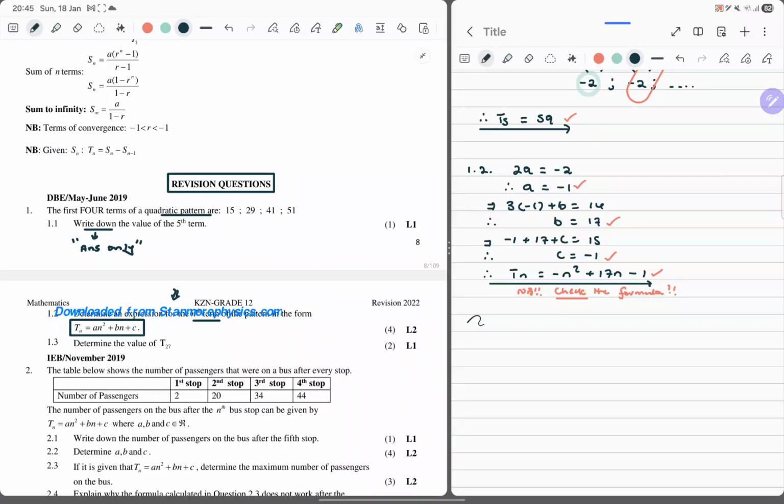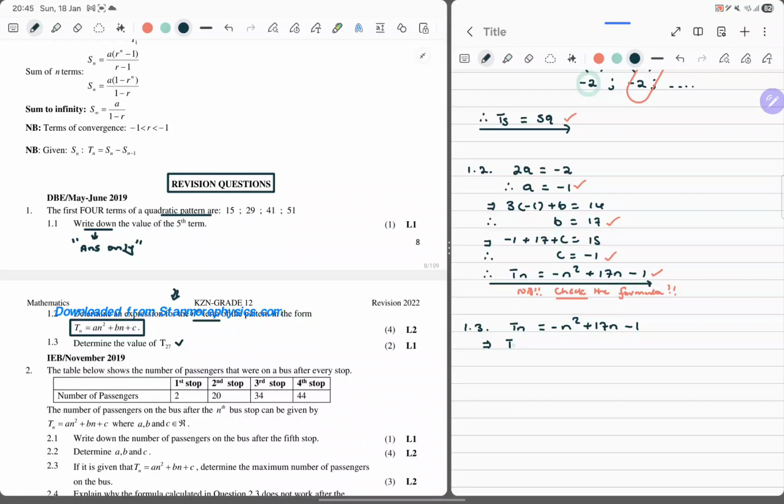So let's get to 1.3. 1.3 tells us to find term number 27. So we need to write the general formula. T sub n equals minus n squared plus 17n minus 1.